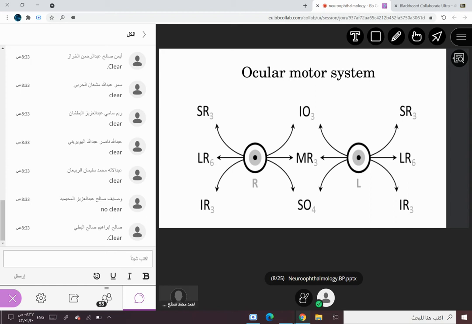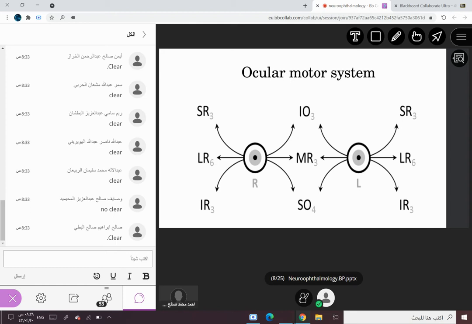And also we discussed the RAPD: what is the meaning of RAPD, how to test it, how to check it, and importantly, how to check whether the afferent system is affected or not. Then we discussed anisocoria, either in miosis or mydriasis, and the accommodation reflex.